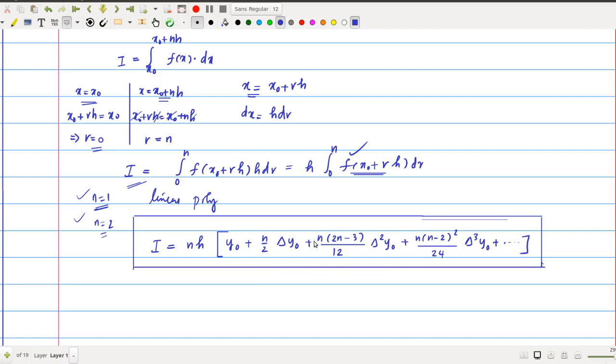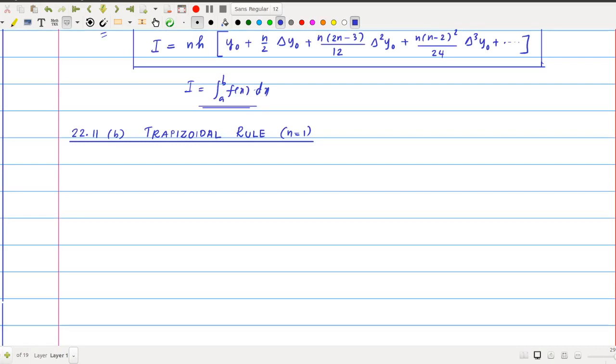If this is the integral, I'll write it here, where I is equal to integral a to b f of x dx. Okay, so this is the formula for this integral. So please note this formula. In the next session we will discuss the trapezoidal rule. So that is the special case of this, by putting n is equal to 1.